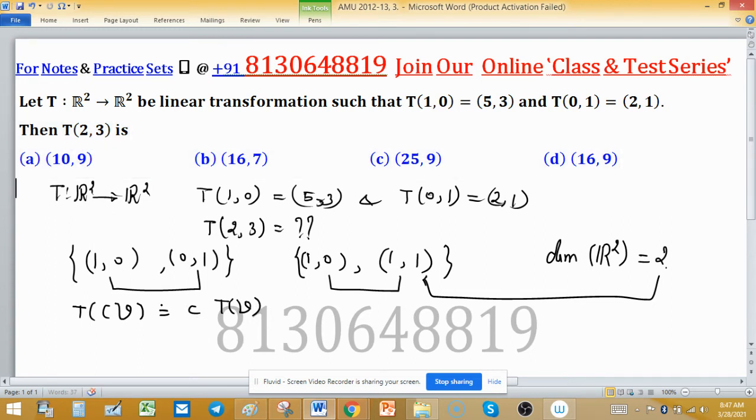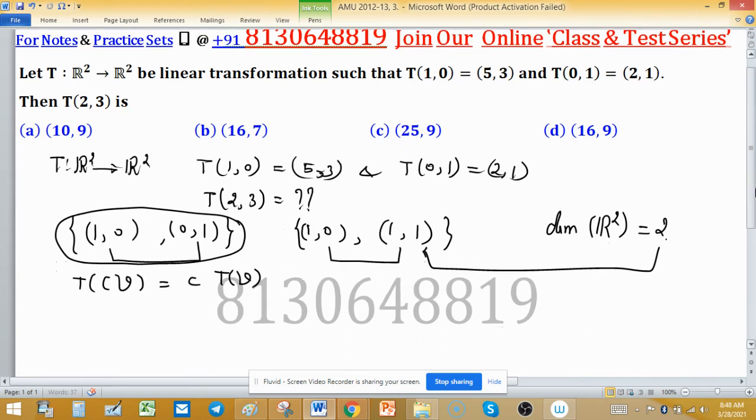The idea is to write the domain element as a linear combination of the domain basis and write the image as a linear combination of the codomain basis. Here the domain and codomain bases are the same because the vector spaces are both R², so there is no headache in finding the linear combination.